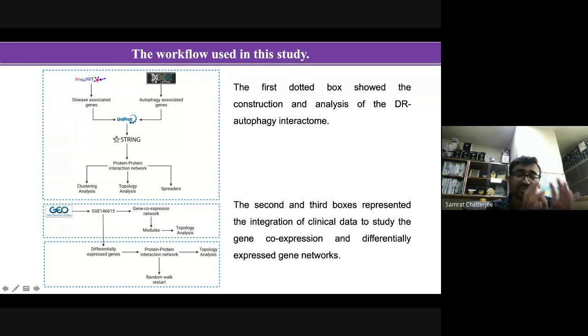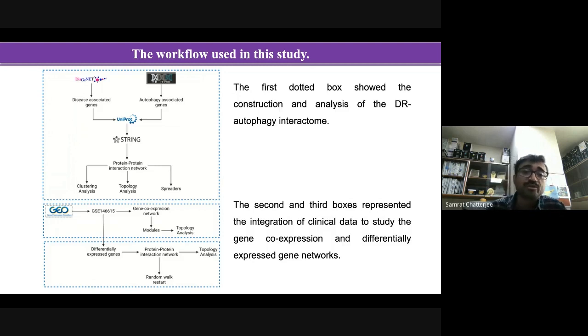There is a database for the disease and one for autophagy. Autophagy is a process inside the cell which helps to clear debris inside the cell, and sometimes also foreign particles. So one of the ideas of this work was whether we can use autophagy to have some kind of control in diabetic retinopathy.